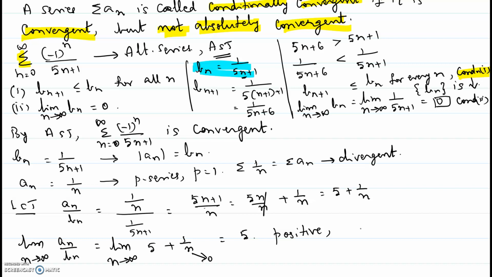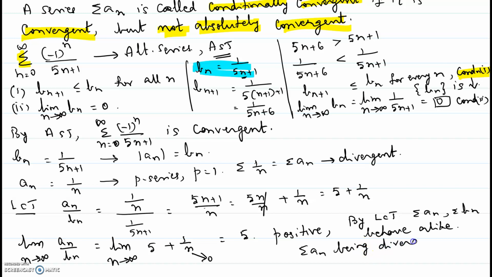So we conclude by the limit comparison test that sigma an and sigma bn converge or diverge together, or behave alike. As we know, our choice of sigma an, the harmonic series, is divergent, so sigma bn is also divergent.